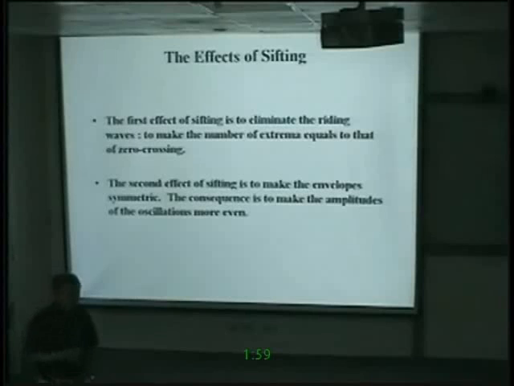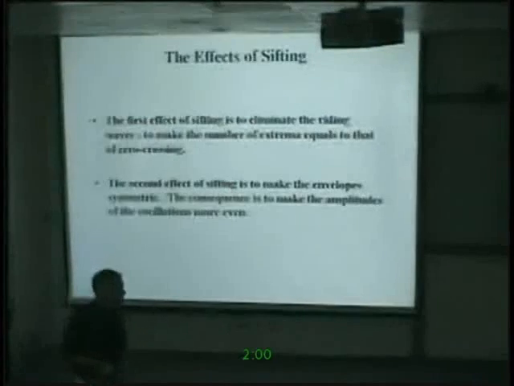If you have 2, that means you have a wave there, and you most likely have either 1 or 3. So those extrema, we want to get rid of those riding waves. The second effect of this is very detrimental to us. That is, it makes the envelope symmetric.